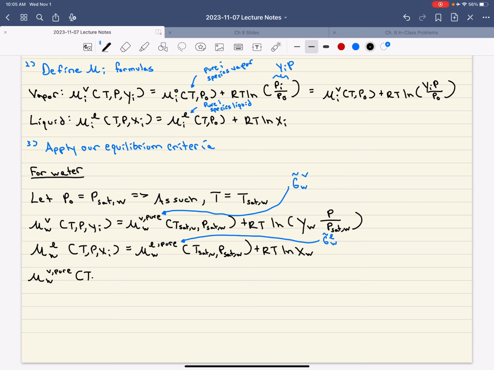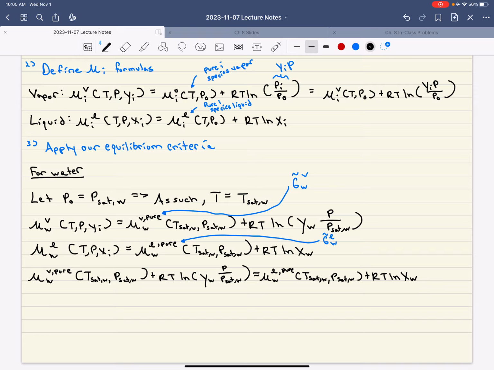I'll write this out to emphasize, this with W P sat W is equal to this plus RT ln of xW. All right, so this is our chemical potential equation.